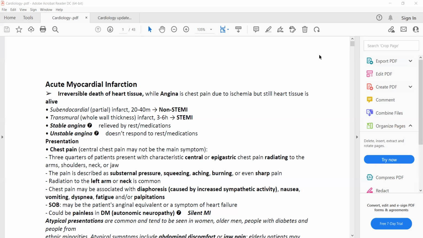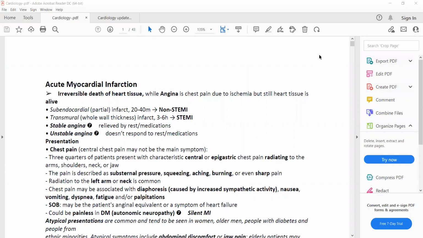And after the ECG, if there is ST elevation, then it will be ST elevation MI. And if there is no ST elevation, then it can either be non-ST elevation MI or unstable angina. How are we going to differentiate between non-ST elevation MI and unstable angina?